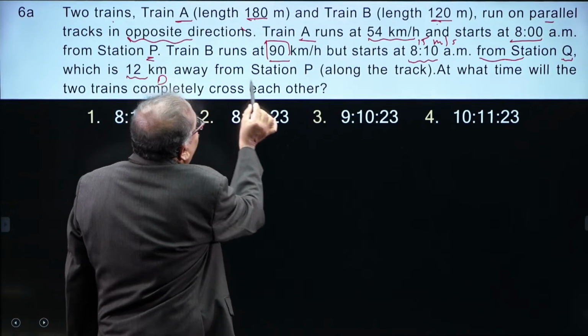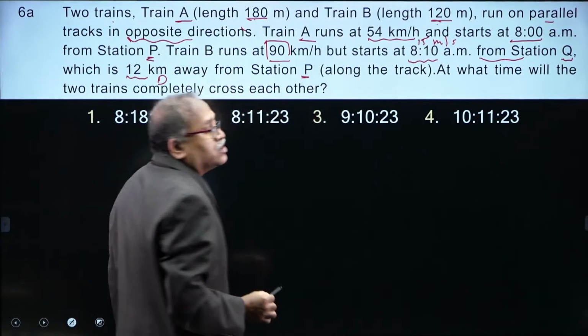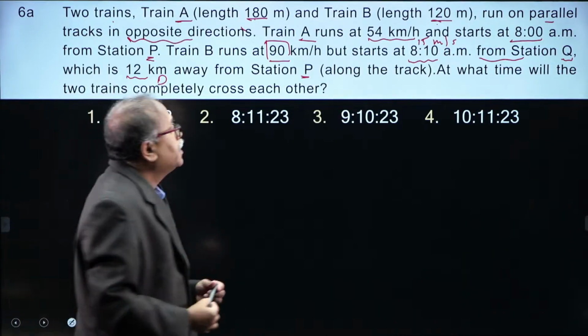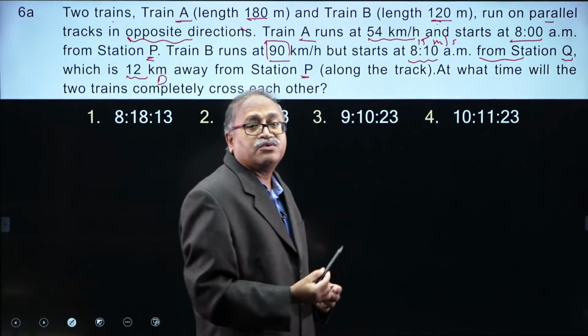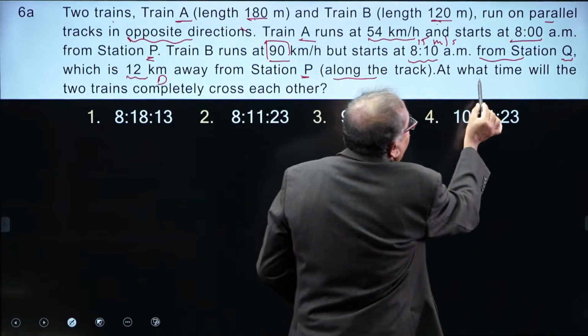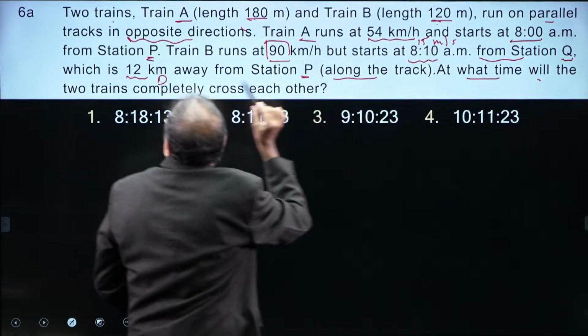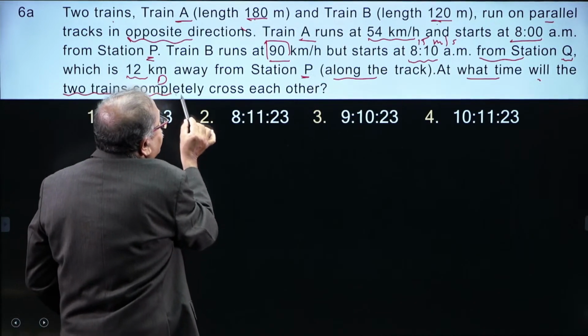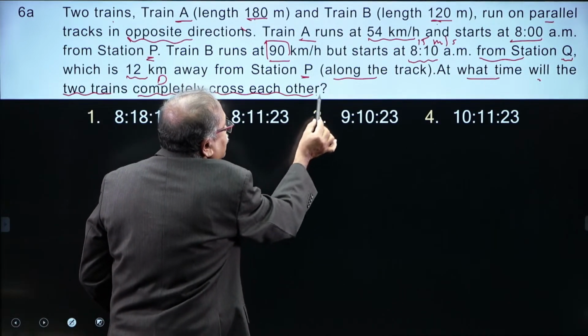So, the distance between station P and Q is 12 km, or I can say 12,000 meters. Now, along the track, at what time will the two trains completely cross each other?